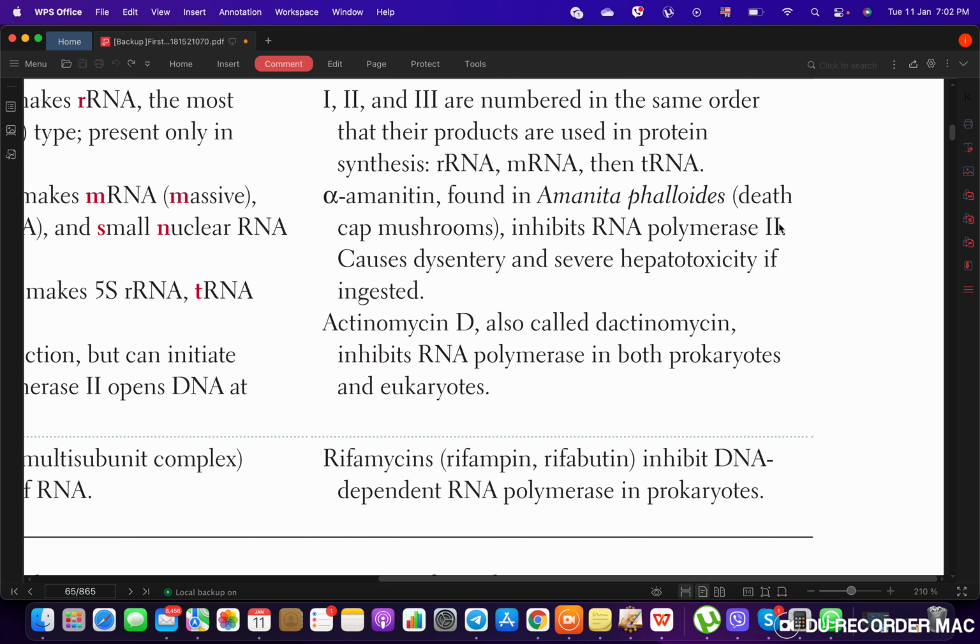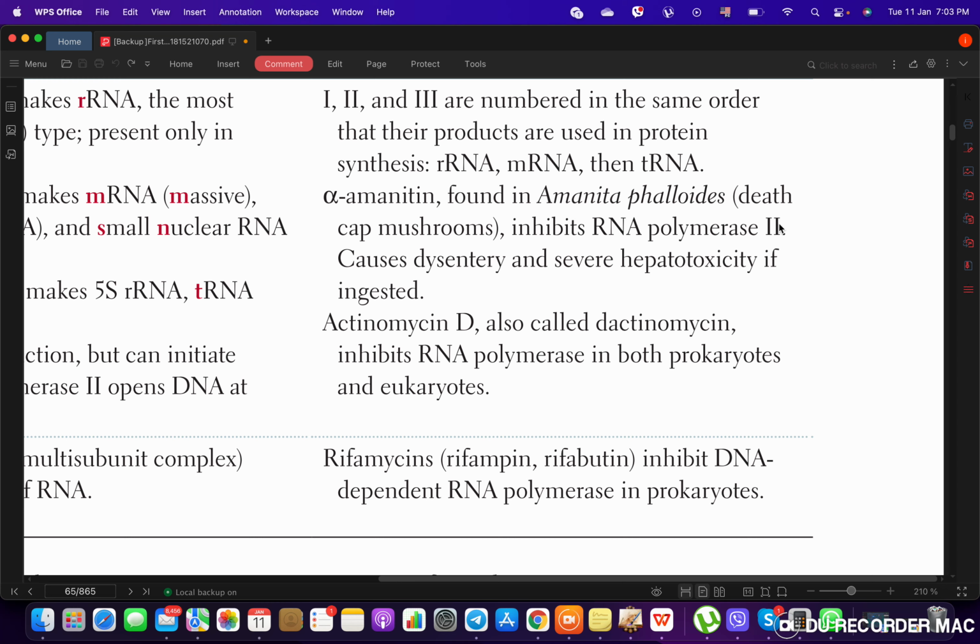If you have absence of transcription, can you after that do translation? No. So can you make proteins? No. So what will happen to the cells that get the toxin? Yep, all of them will die.